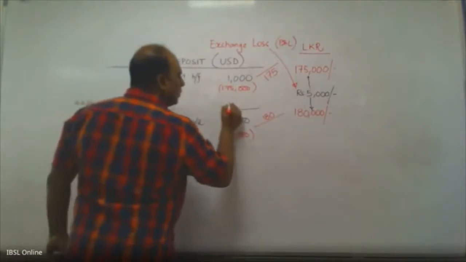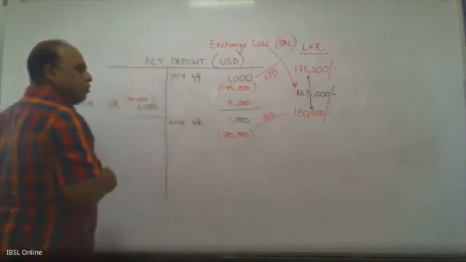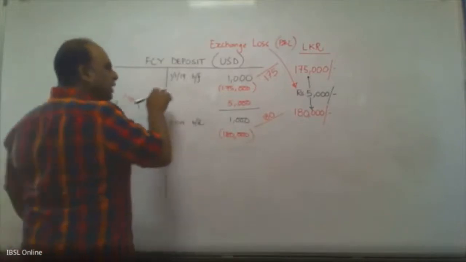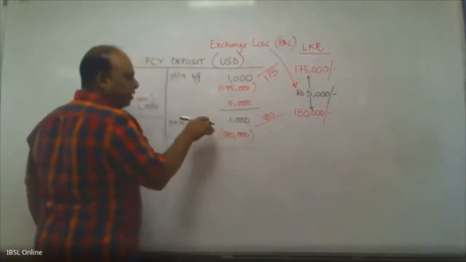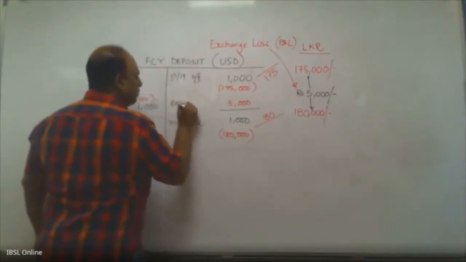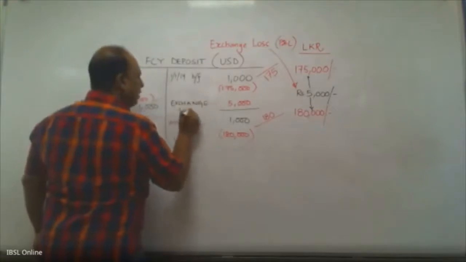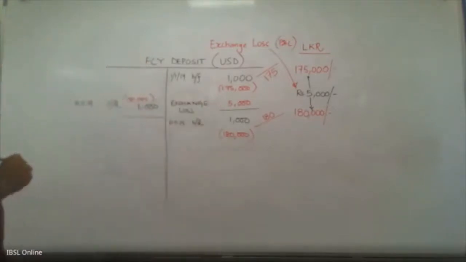So what you need to do is add 5,000 rupees. When you credit here, it goes as a debit to the P&L. So you will have an exchange loss.